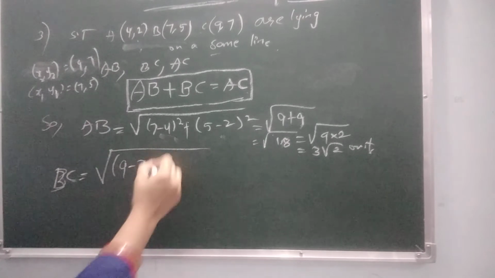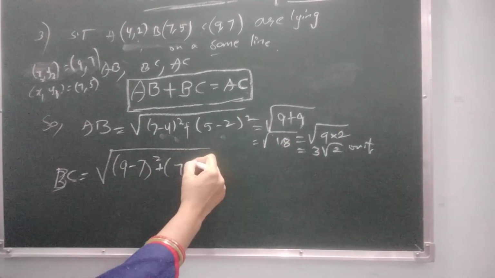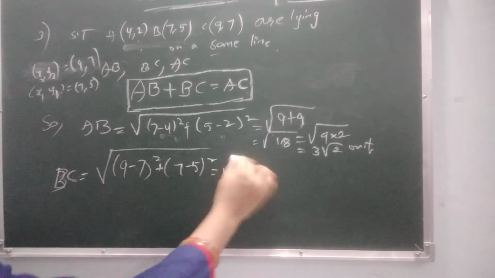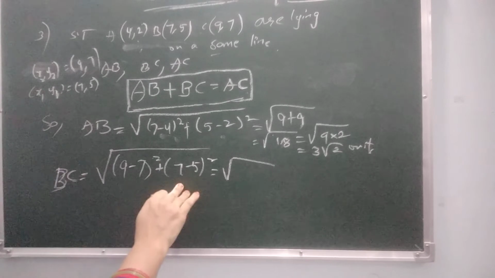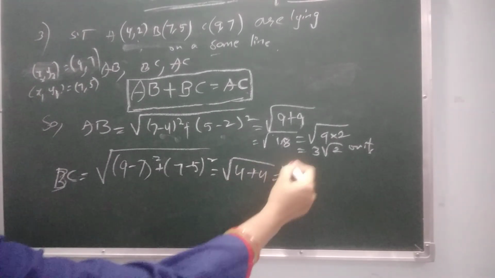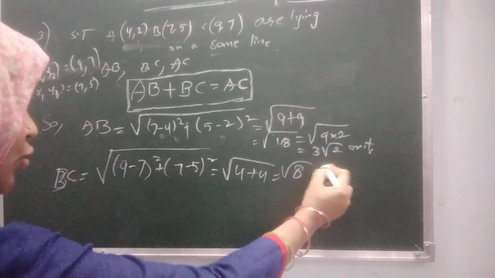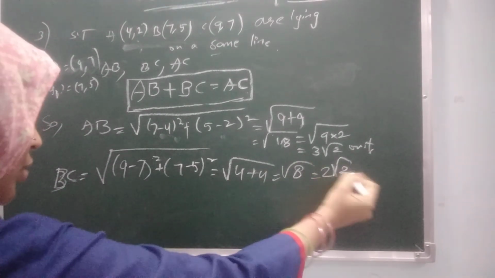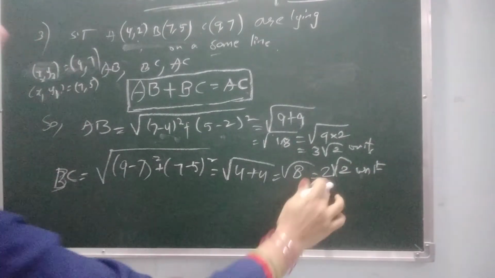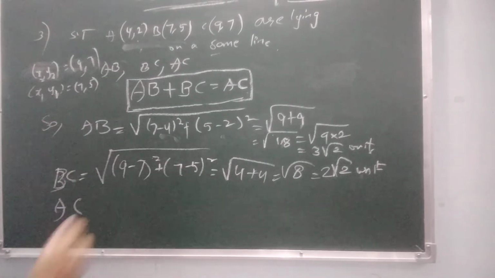That is 9 minus 7 whole square plus 7 minus 5 whole square, that means 2 square plus 2 square, 4 plus 4, that means root 8. It can also be written as 2 root 2 units. Root 8 means root of 4 times 2, that means 2 root 2. Okay.